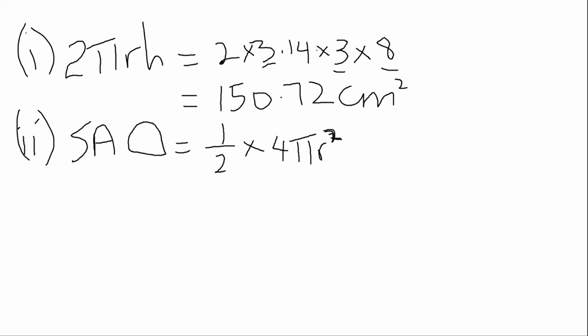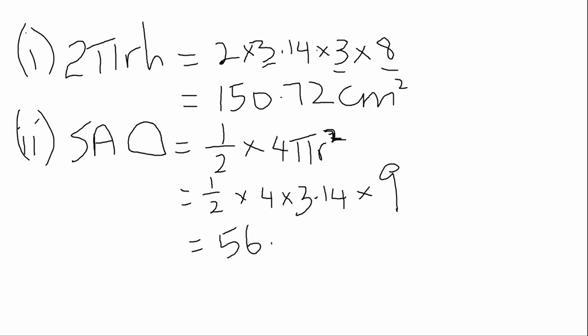Oh gosh, that's supposed to be squared, right? So a half multiplied by 4 multiplied by pi, which is 3.14, multiplied by the radius squared, which is 3 squared, which is 9. When we work this out, we will get 56.52 centimeters squared.